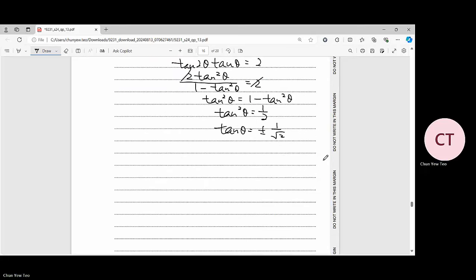Okay, so we consider positive root 2 first. I will need to use this triangle. It will be 1 over root 2. Then for this one, by Pythagoras theorem, you get root 3.